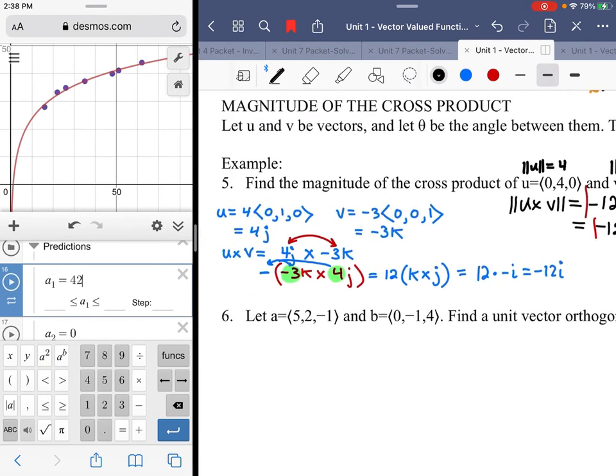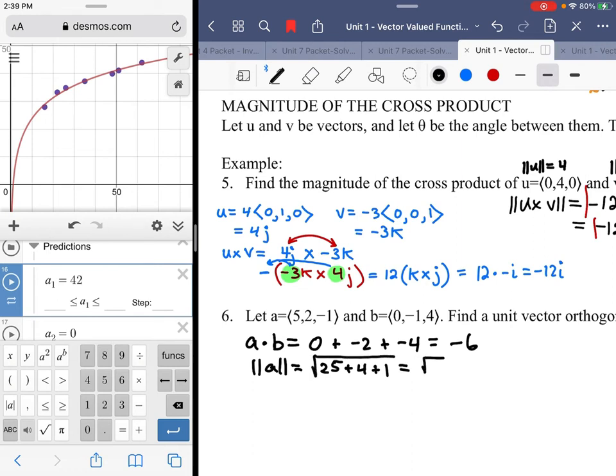So in this case, A and B. So we could say A dot B, 0 plus -2 plus -4 is equal to -6. The magnitude of A is going to be 25 plus 4 plus 1, rooted, is going to be root 30.